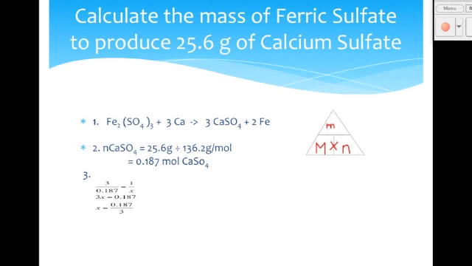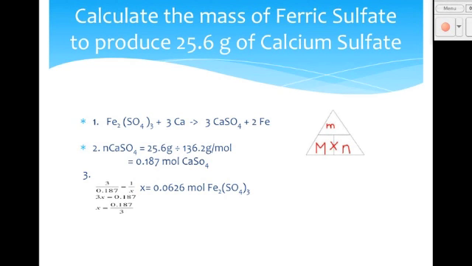So basically we're gonna cross multiply 0.187 and 1 and 3 and x. So then on one side there would be 3x and the other side 0.187, and then we're gonna move the 3 under 0.187, and we'll get 0.0626 moles of ferric sulfate.